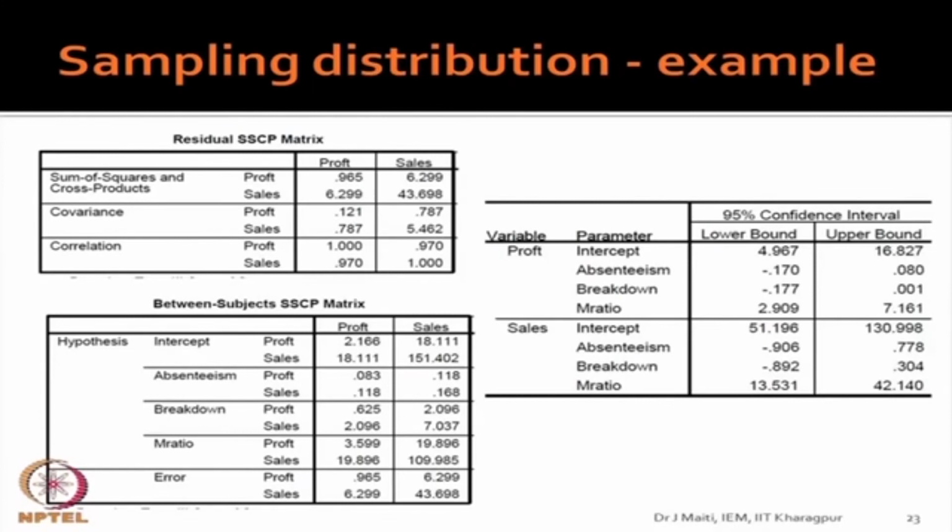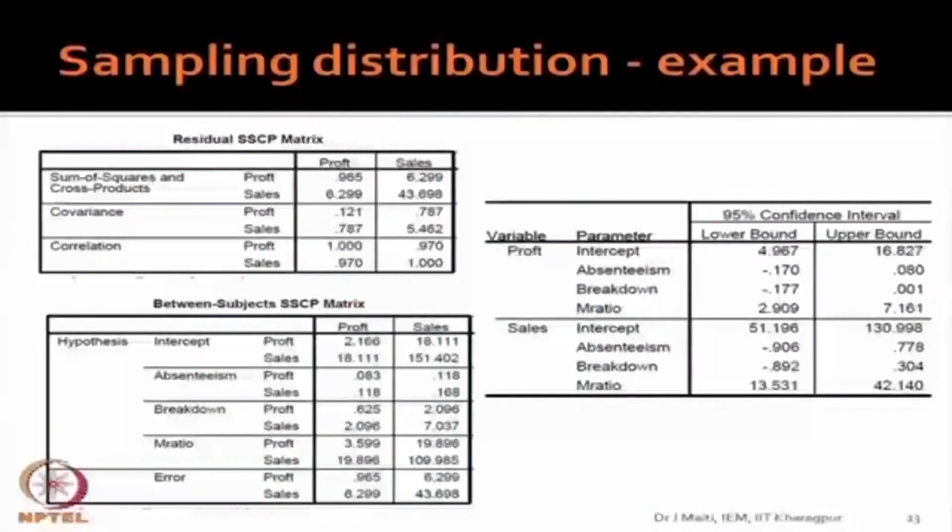Just check, because I have not checked this by hand calculation. The SSCP matrix is available, x transpose x and its inverse are available, and n, p, everything is given. I ask you to check the confidence bounds you get, that interval part, and I think you will get the same. It has to be, if I am not making a mistake in the theory.